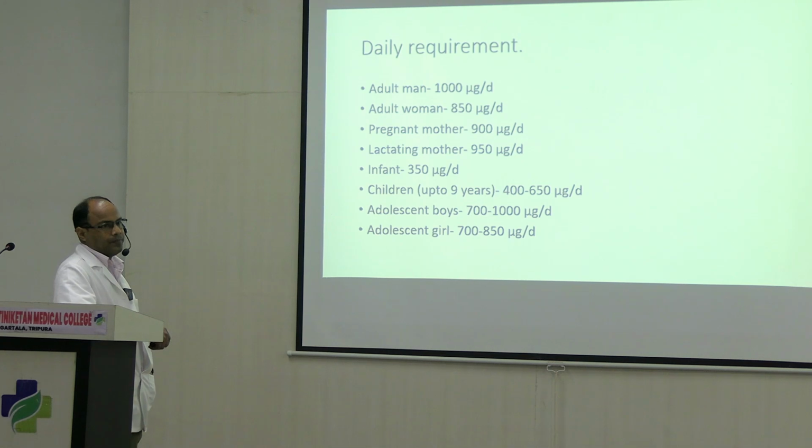Next, RDA, daily requirement. Adult male 1000 microgram per day, female 850 microgram per day, pregnant mother 900 microgram per day, lactating mother 950 microgram per day, infant 350 microgram per day, children up to 9 years 400 to 650 microgram per day, adolescent boy 700 to 1000 microgram per day, and adolescent girl 700 to 850 microgram per day.